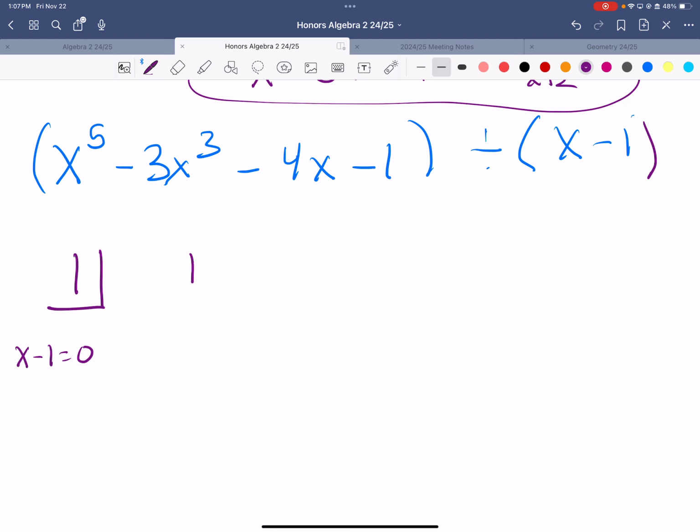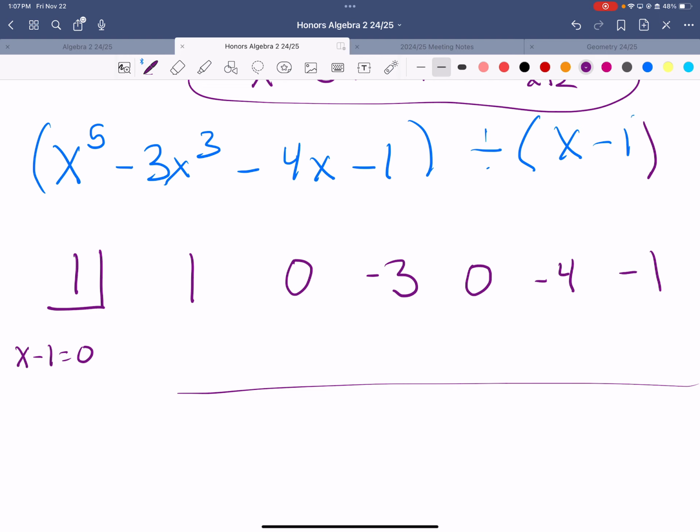Then we should have 1, then 0, -3, then what's next? 0, -4, and -1. Okay, so if it helps you to write them up above at the beginning, if you have to do that, do this.